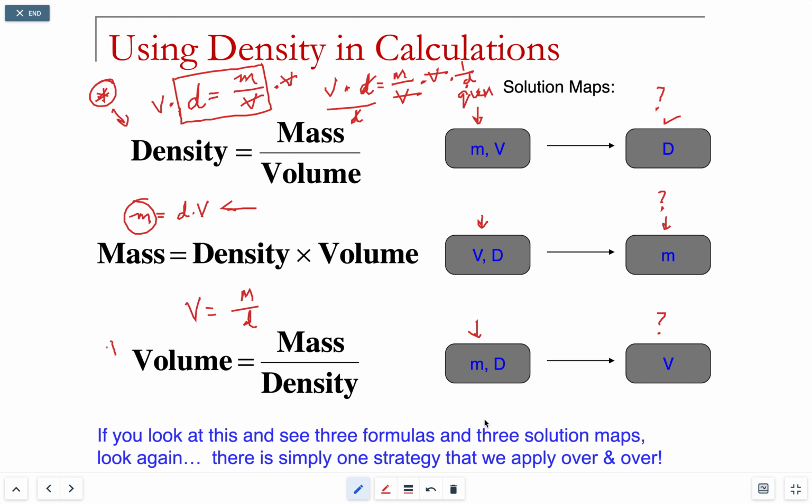So you can look at this comment here. You've got three formulas, but you don't need to memorize them all. Memorize this one and do the algebra as needed to get mass or volume. You're just using one strategy that we apply over and over. In this case, from the definition, you're using one strategy. We're not even using unit analysis here, but we could have done it that way as well.